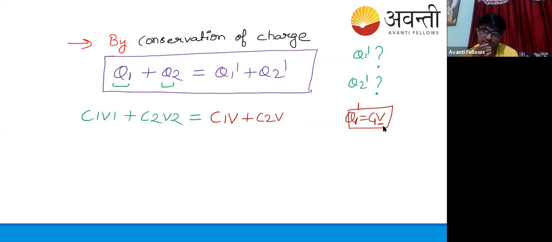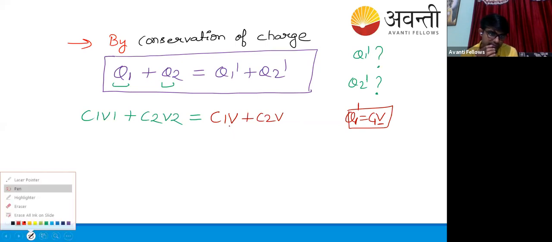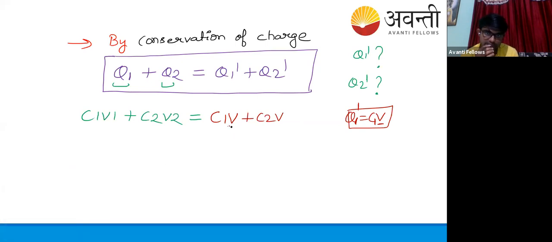What I will do is take the V factor, which is common in both, outside. So in the calculation, it will come out to be C1 plus C2 times V, which will be equal to C1 V1 plus C2 V2.